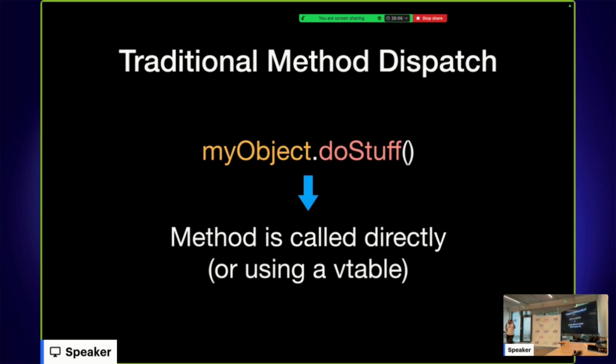So let's say, for instance, I have a vehicle class, a car subclass and a bike subclass. And when I say move, which method should I call? Is it the method of the car or the method of the bike? This is resolved at runtime using a vtable. So that's in a normal language.